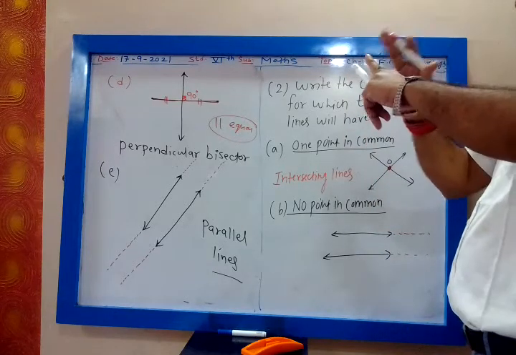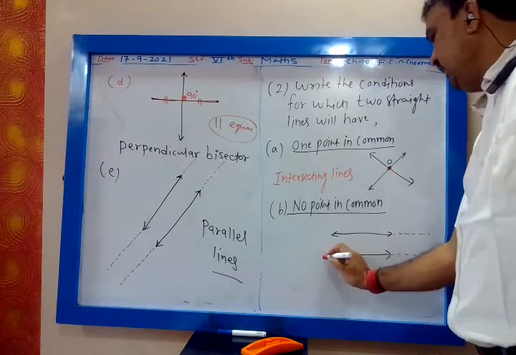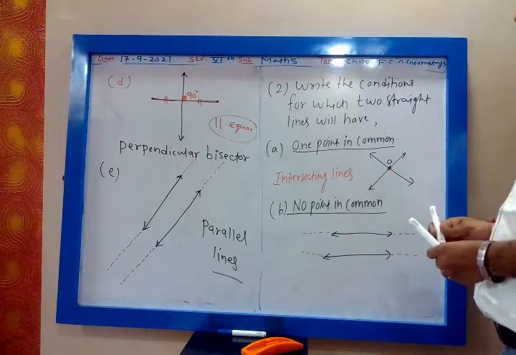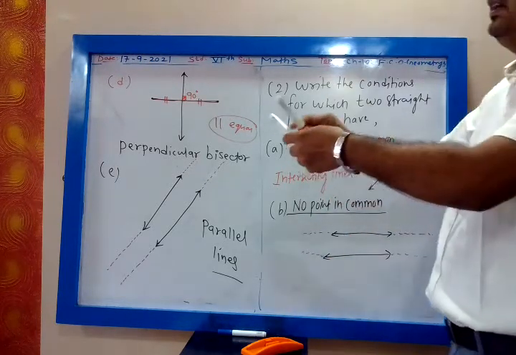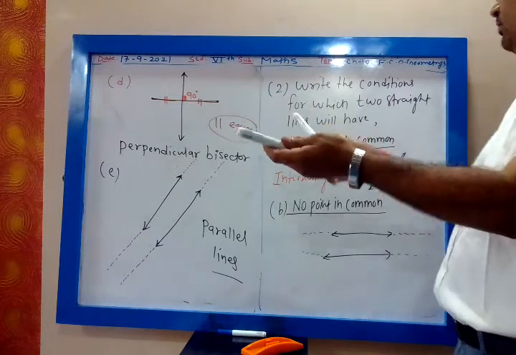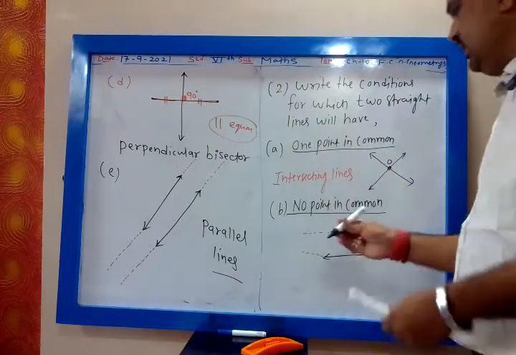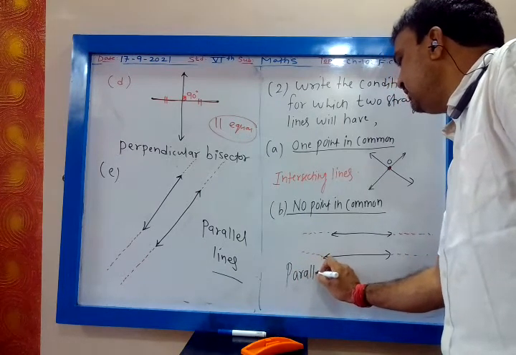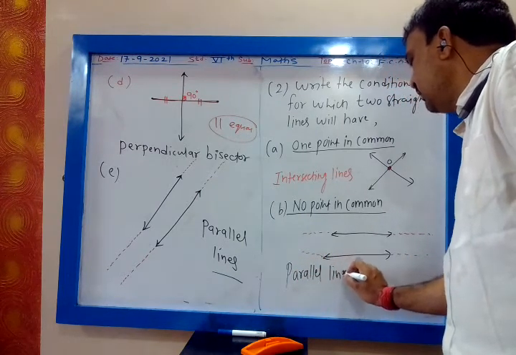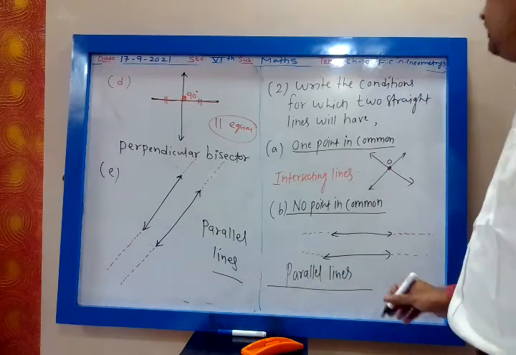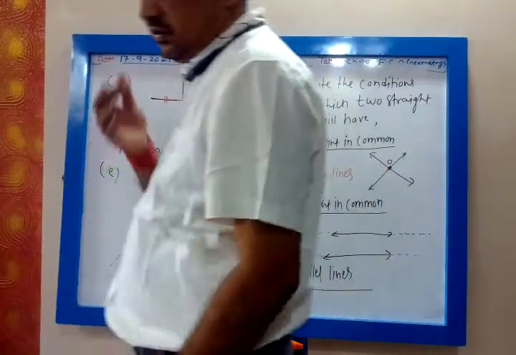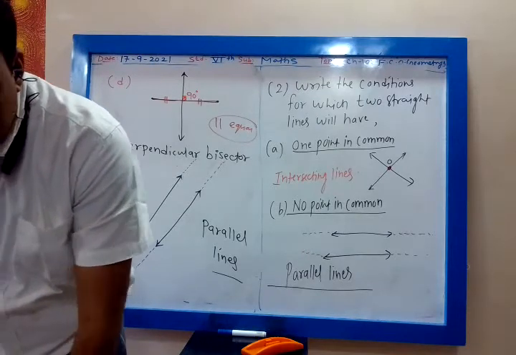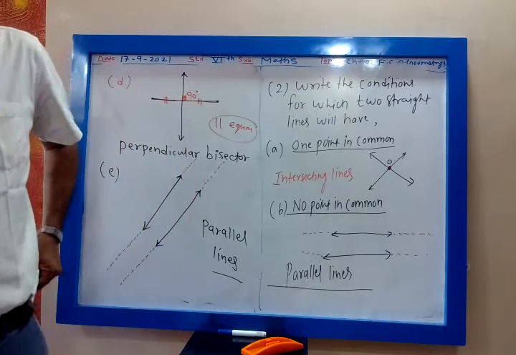So when you extend the arrow, if two lines never cut each other, there will be no point in common. So the condition is two lines are parallel lines. If two lines are parallel lines, then only there will be no point in common.